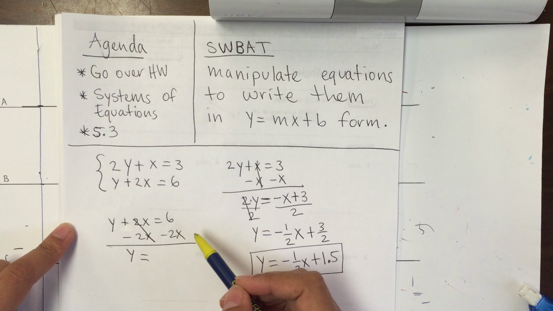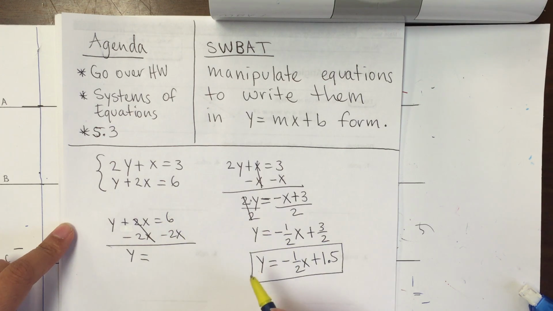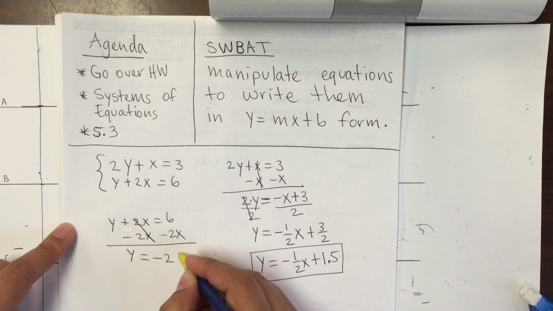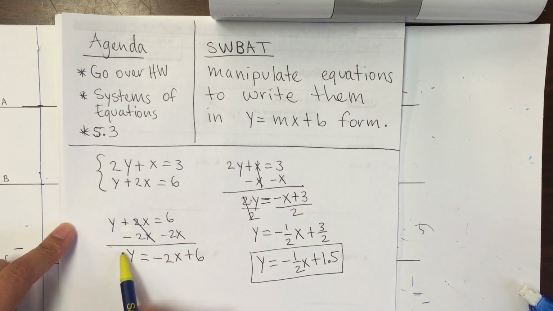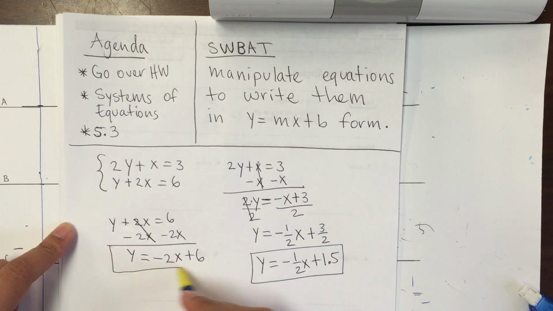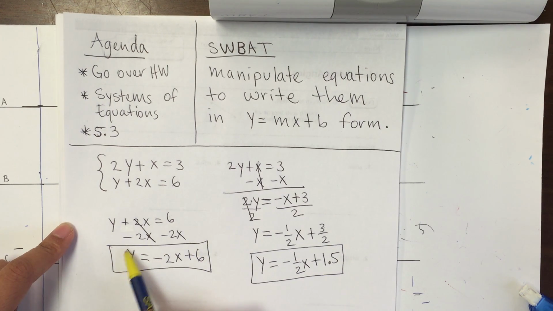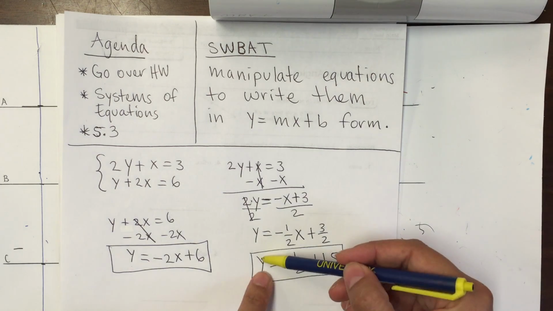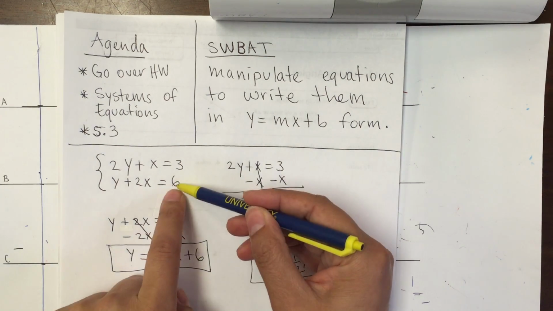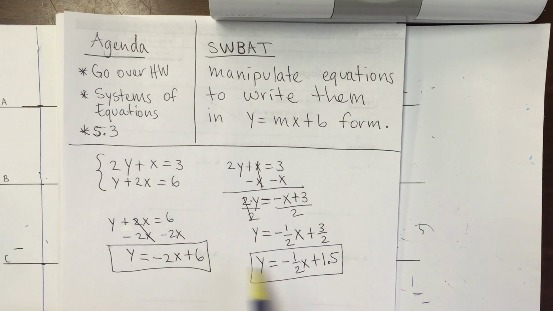Are they like terms? No, because one doesn't have a variable. So I'm just going to bring down the negative 2x and the positive 6. Since I don't have a coefficient, I don't have to divide, and y is already isolated, so it's already in y equals mx plus b form. So this is for the first one, this is for the second one. These are my two equations in y equals mx plus b form.